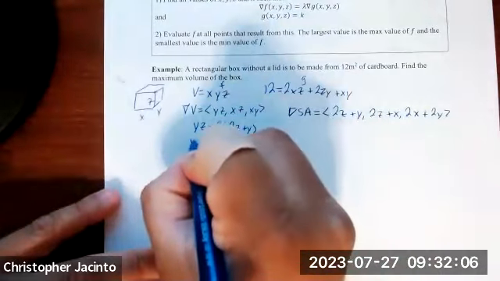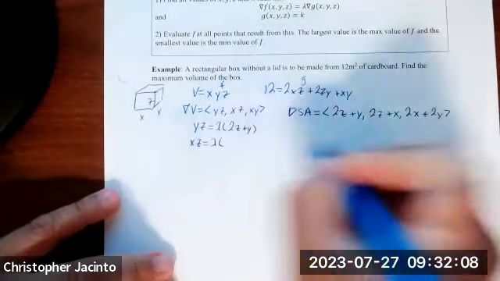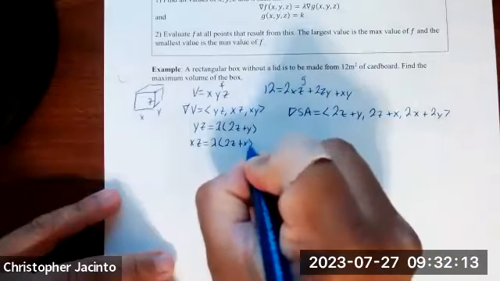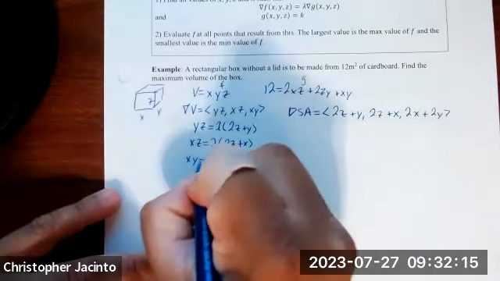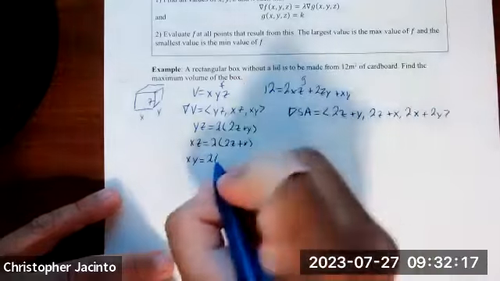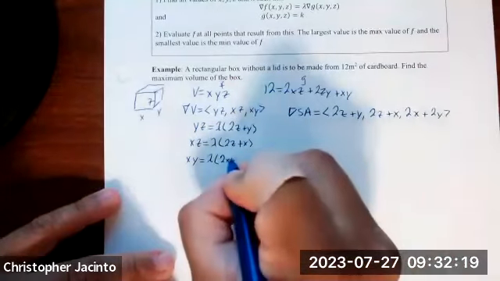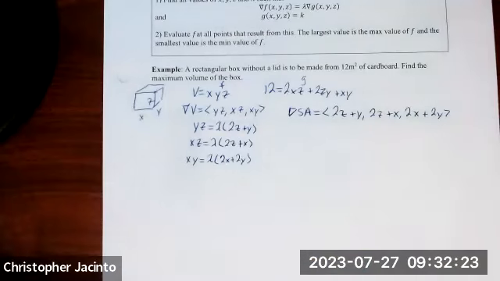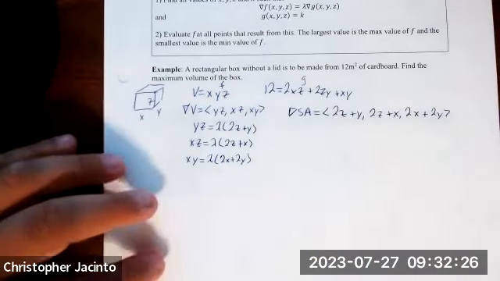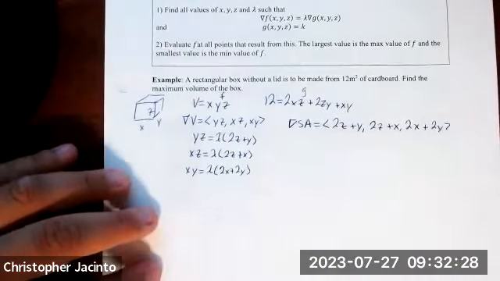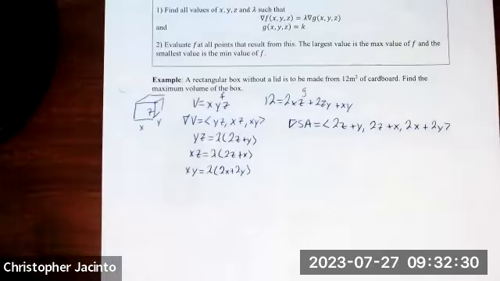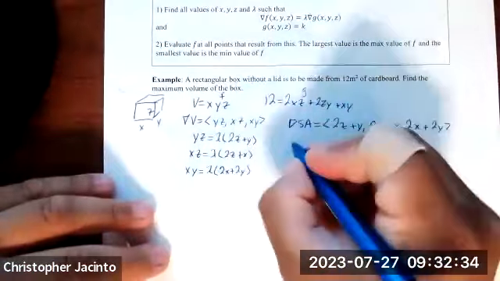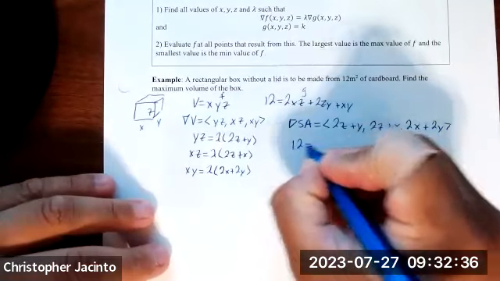Next, we're going to have xz is equal to lambda times the other component. And then finally, xy is equal to lambda times 2x plus 2y. Okay, now we have all the equations from the gradients, in addition to our constraint. So it's these three equations plus the fourth one.